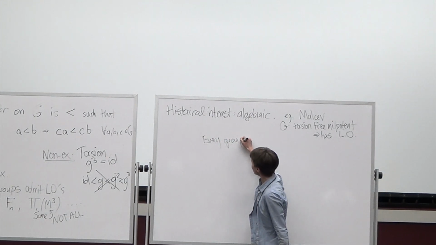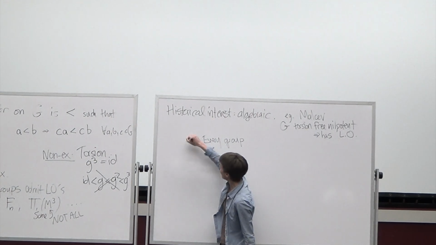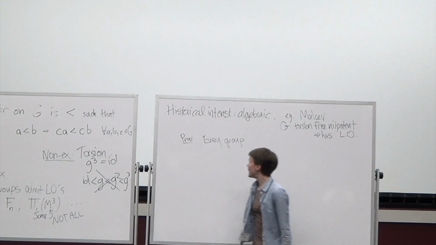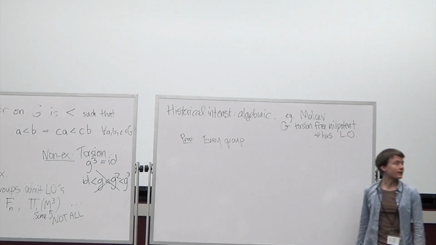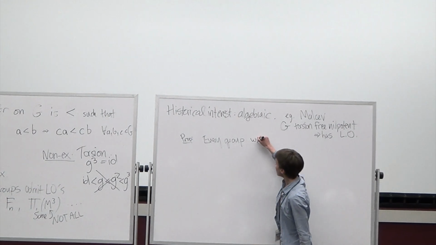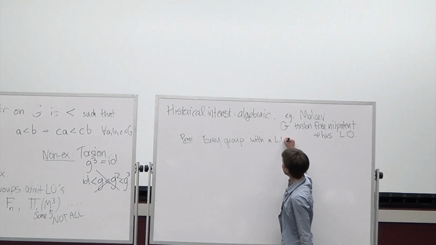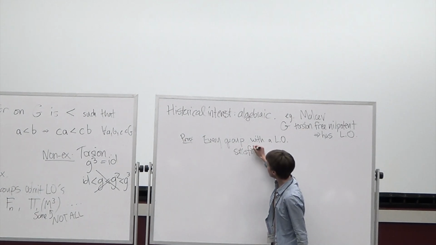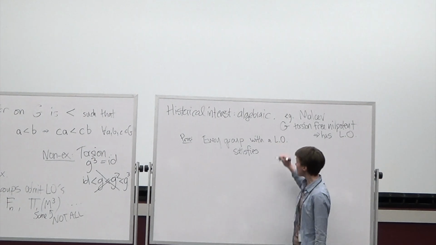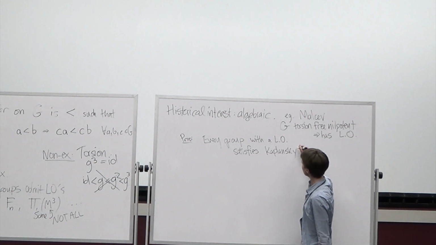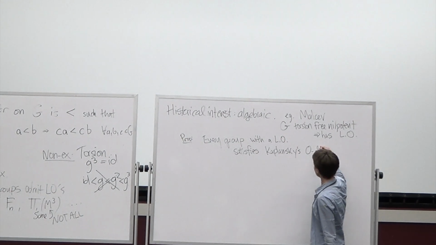group, so this is a little proposition or a toy theorem that you can prove if you know the definitions of everything that I'm doing. Every group with a left order satisfies a famous conjecture, which is still open, Kaplansky's zero divisor conjecture.